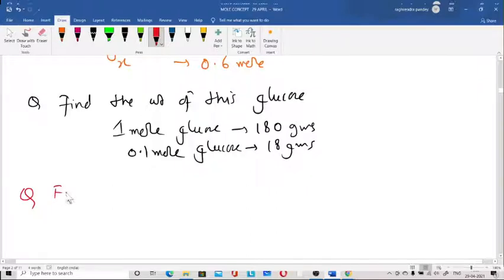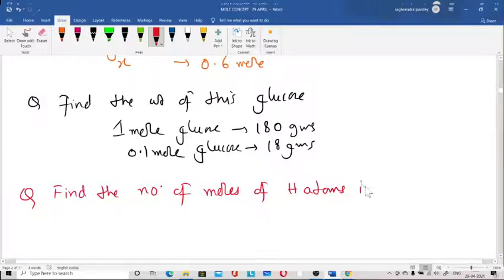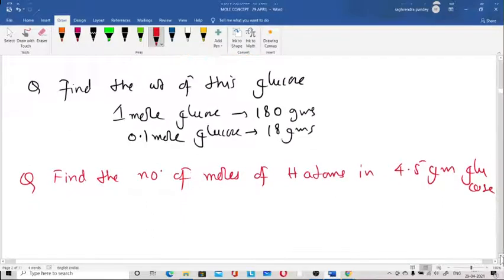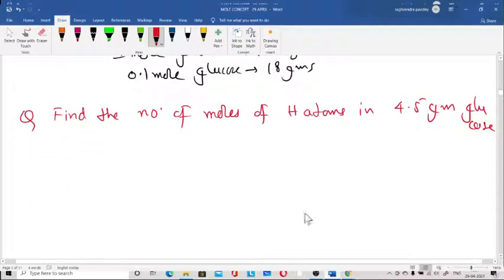Find the number of moles of hydrogen atoms in 4.5 gram glucose. Okay, this one. Now how to solve it?